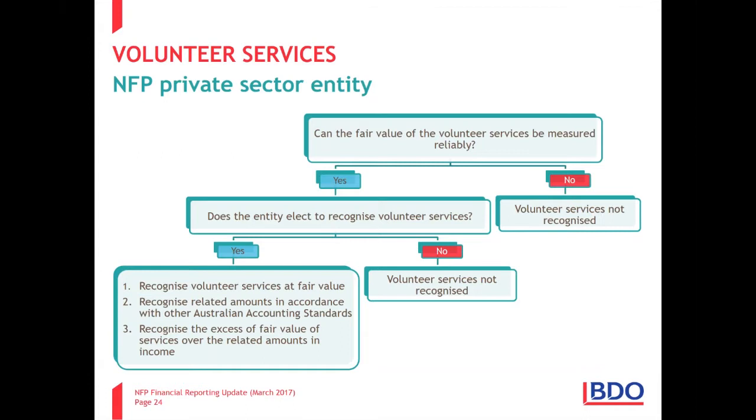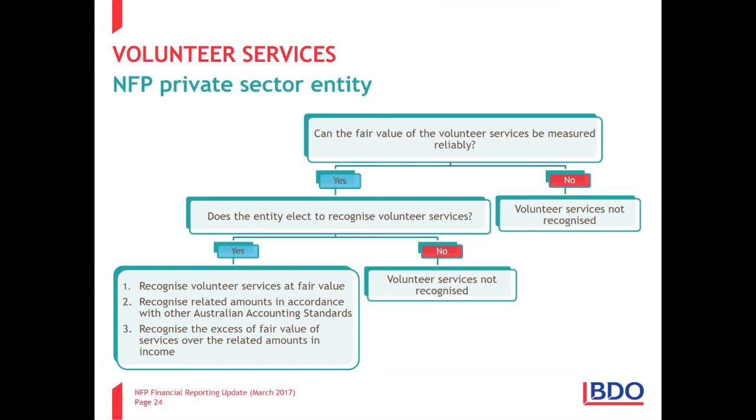So the first question is, can the fair value of the volunteer services be measured reliably? So if you say no, no worries, volunteer services would not be recognized. However, as you know, these days as part of accounting, we have to measure and make estimates of a number of things, including fair value of volunteer services.